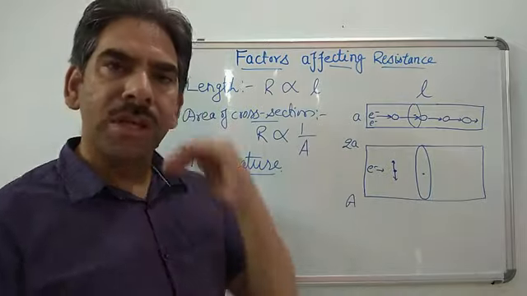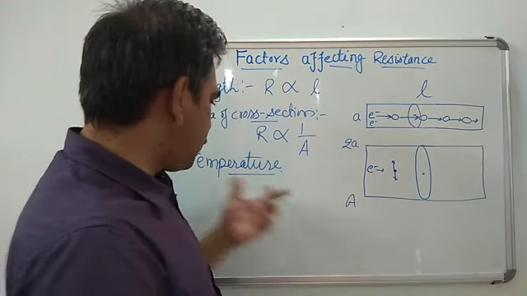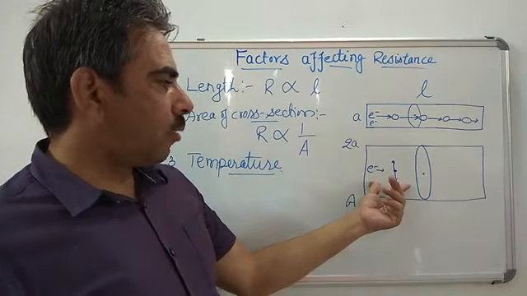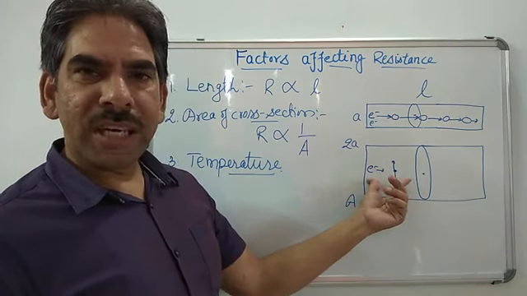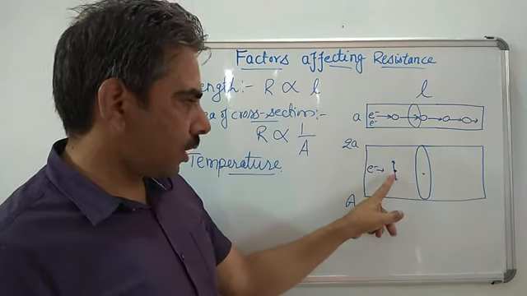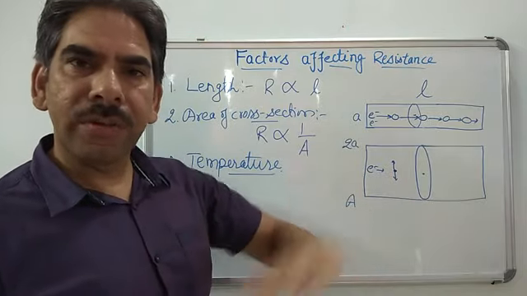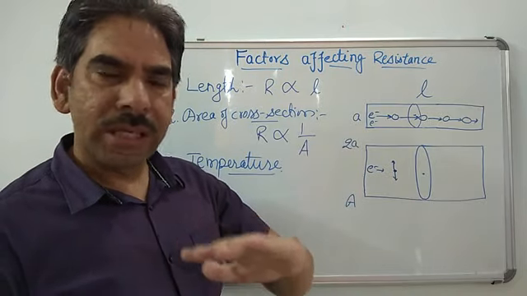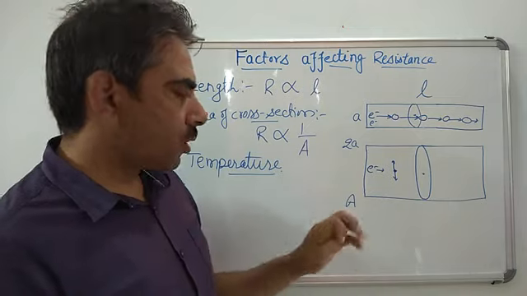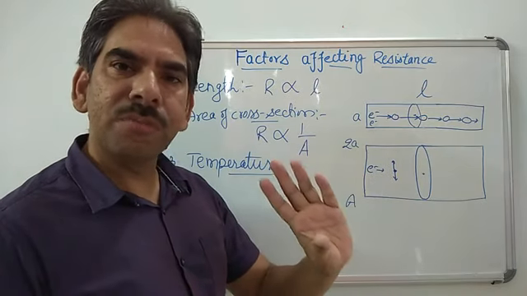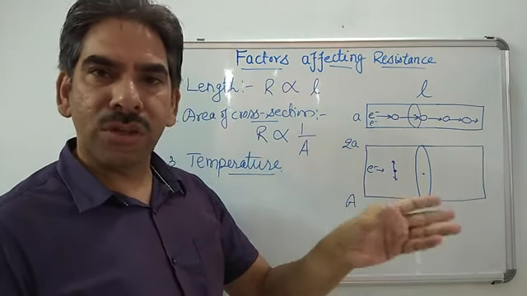So with the increase in temperature, the number of collisions of the electrons with the atoms increases, because the atoms or ions start vibrating with higher magnitude. Therefore the number of collisions increases, and the value of resistance also increases.